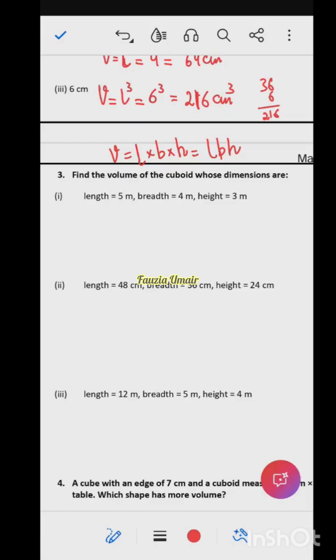Just give me 1 minute. Okay, ma'am, I can calculate and tell you. So what would be the volume of this first part? I hope you can see the screen now. Length, breadth, and height. So what is length in the first part? 5. What is breadth? Can you see the screen, Abrish?